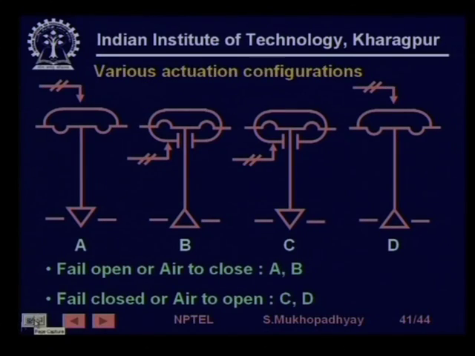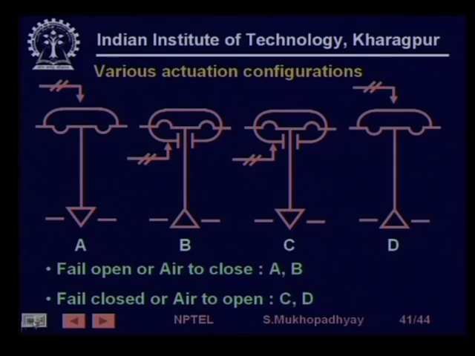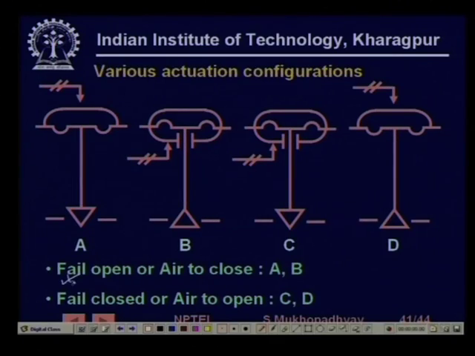Lastly, one has to have a view towards what will happen if the actuation fails, because sometimes these flows can cause explosions, etc. So, valves are constructed in various configurations, which are shown here. For example, fail open, or air to close.